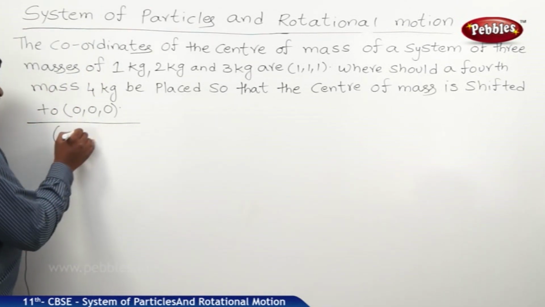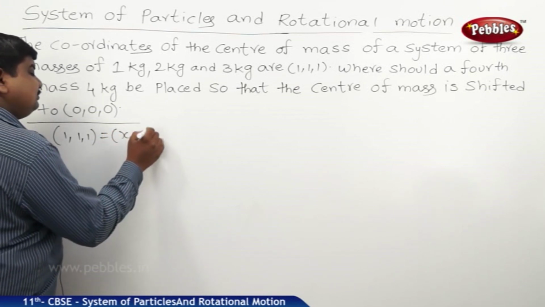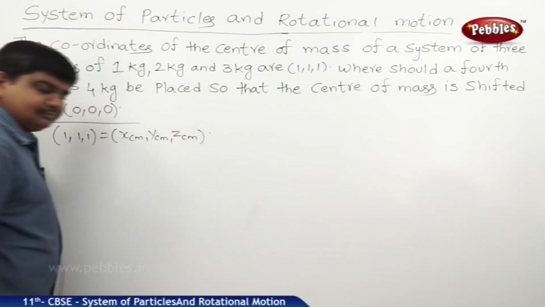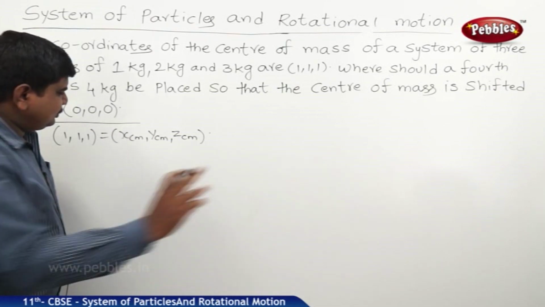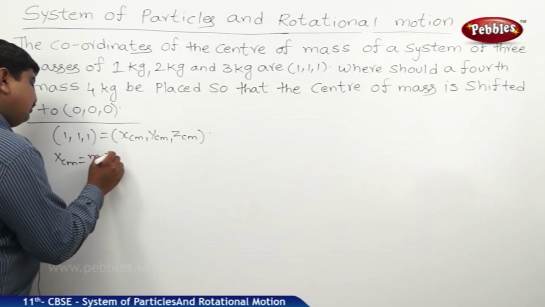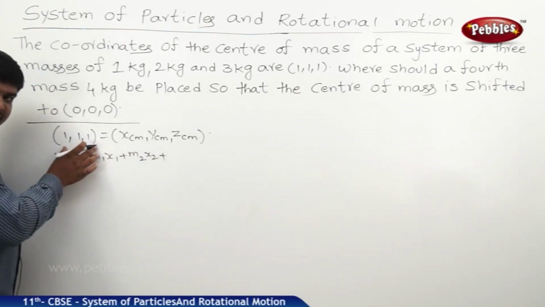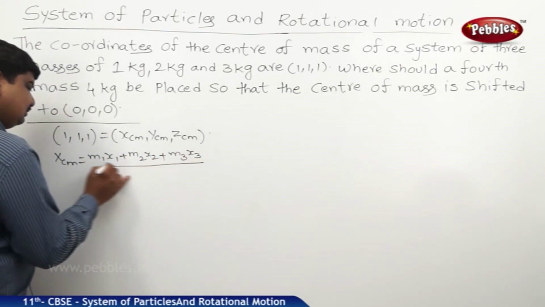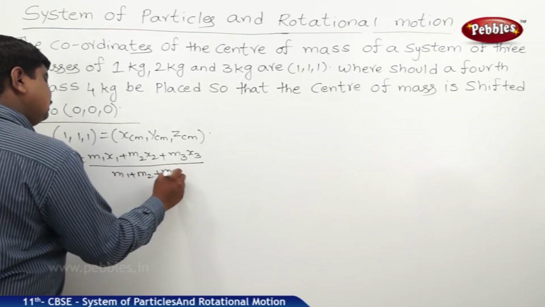Here the initial center of mass is 1, 1, 1. It is simply xcm, ycm, zcm, so each coordinate represents each axis. The general formula of xcm is equal to m1x1 plus m2x2 plus m3x3, since 3 masses are there, divided by m1 plus m2 plus m3.